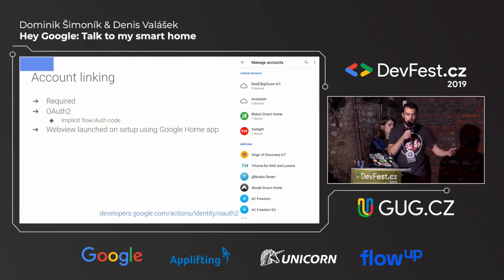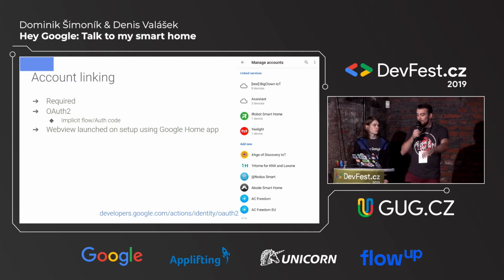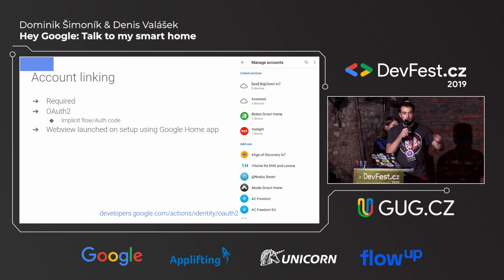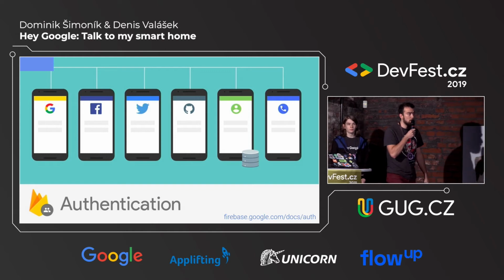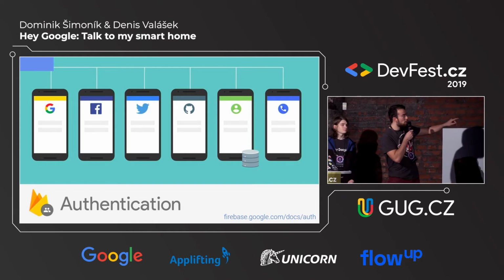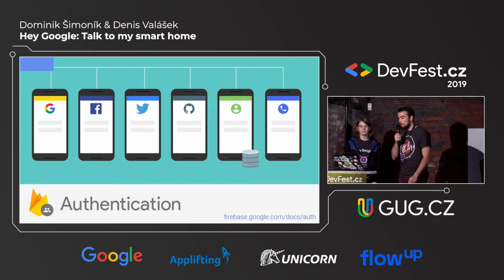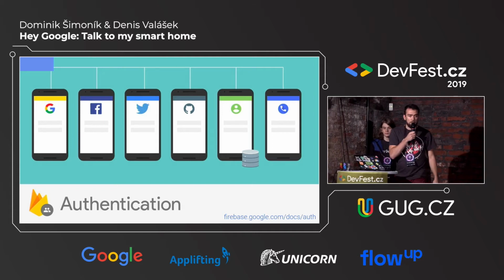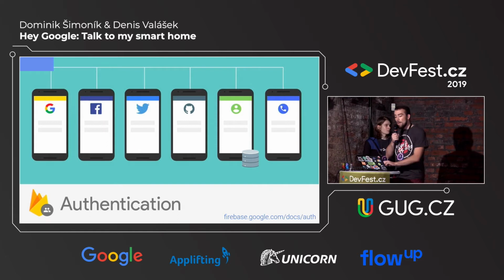If you're using the explicit, it is starting the web view in your Google Home app. You can use Firebase authentication that's using, for example, Facebook, Twitter, GitHub authentication, also anonymous authentication. You can log in, for example, with your phone number.